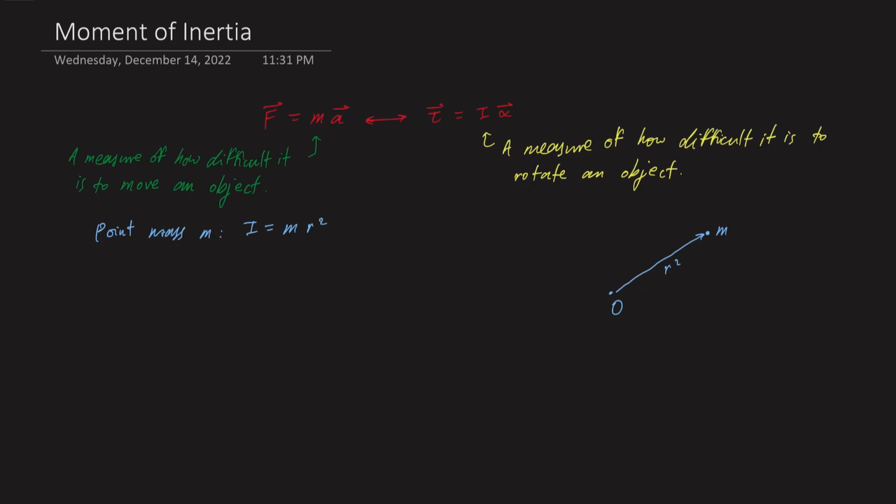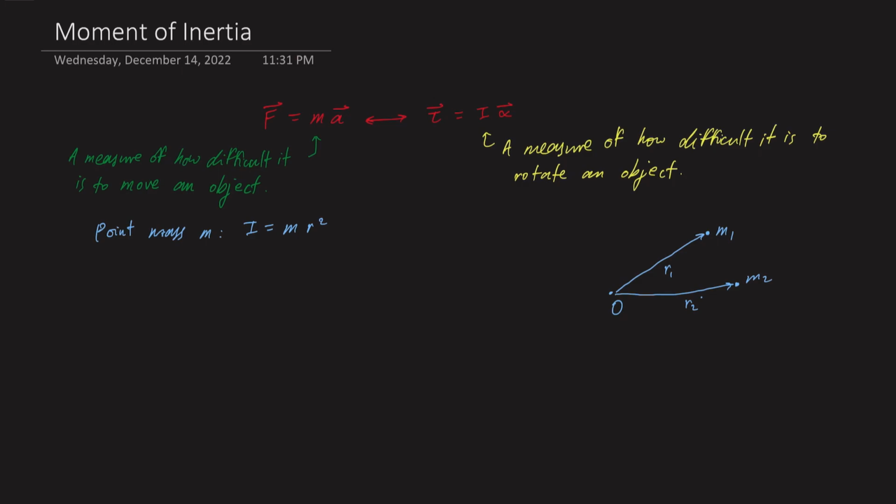Just like that, let's say we had a second mass here. We'll call it m2. So this is m1, r1, and now m2 is at a distance r2 away from the origin.